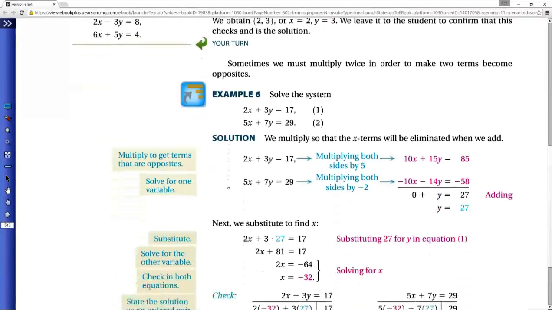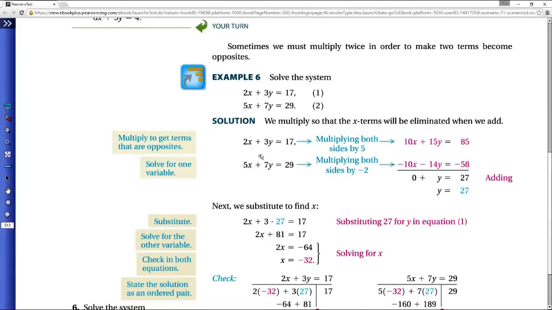So they go through a couple of examples of finding good strategies to do this. In this case, they're actually multiplying both equations by a number. And what are they doing? You need to think about what they are trying to do. Well, they decide that it'd be nice if we can get these x's to match up.